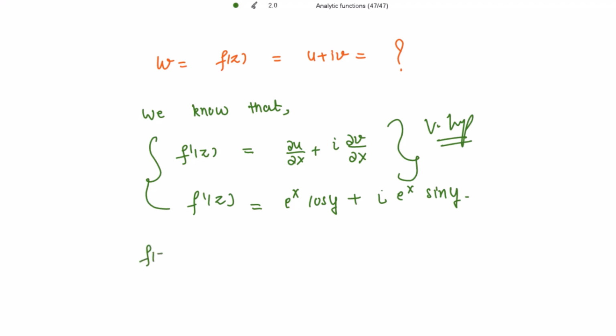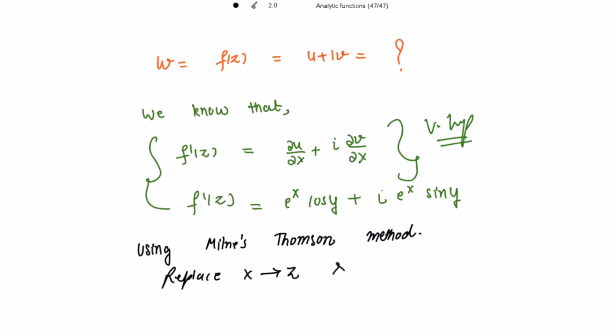To find f(z), by Milne-Thomson method, we always put x equal to z and y equal to 0 in f'(z). So using Milne-Thomson method, replace x with z and replace y with 0 in f'(z).